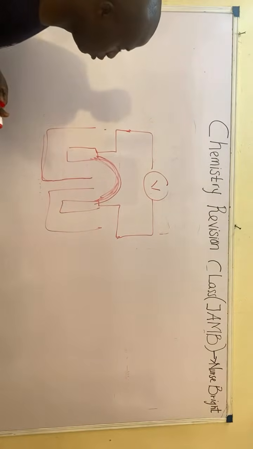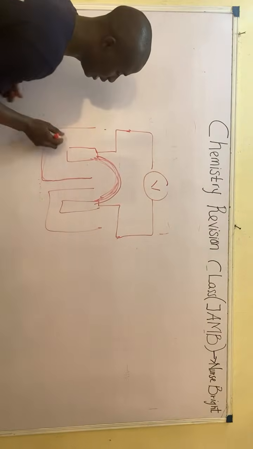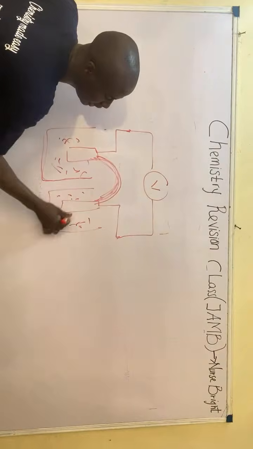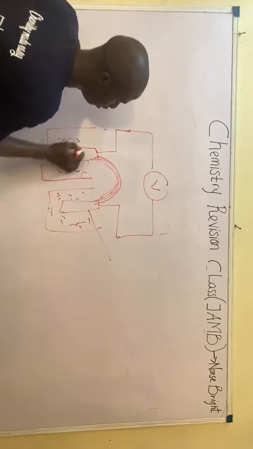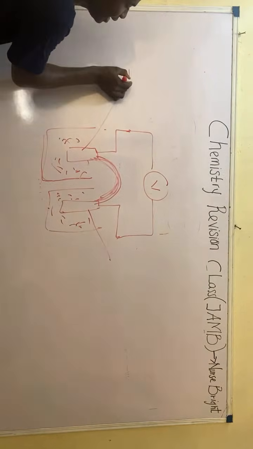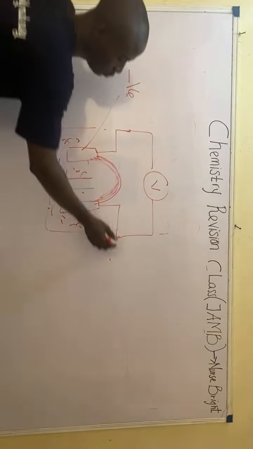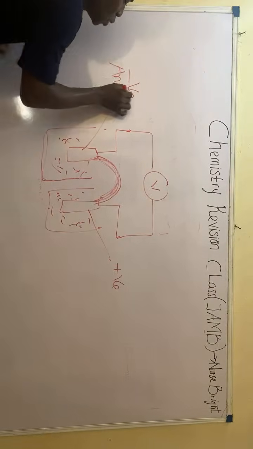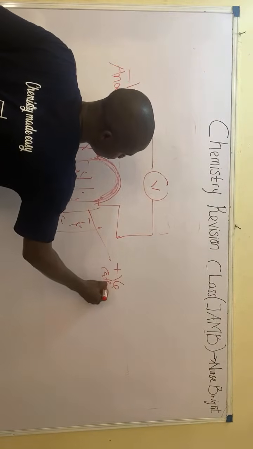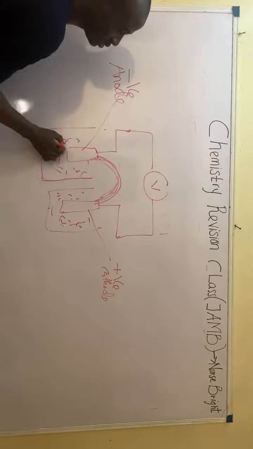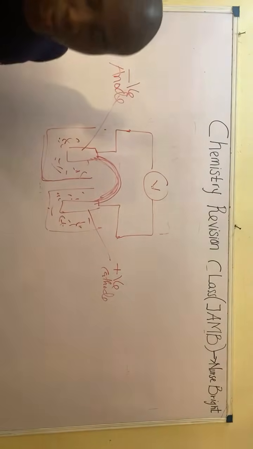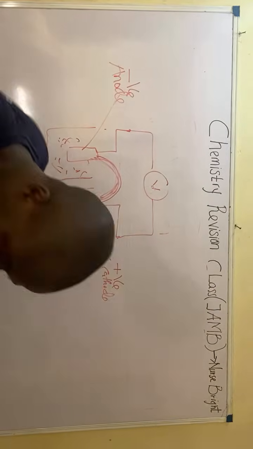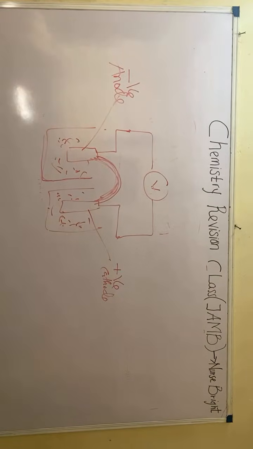Another thing about electrochemical cells is that they occur in two different compartments. Remember, if this one is negative, this one is positive. This one is the anode, this one is the cathode. We have all agreed. Here is the electrolyte, here is the voltmeter. So that's for that. Are you following me? Alright, so let's progress, class.